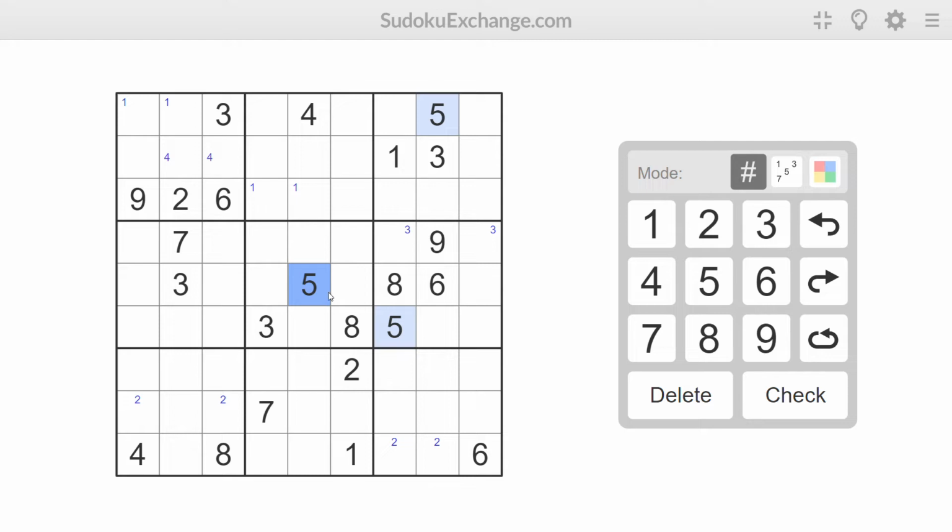Five. This row cannot have a 5 because there's already a 5 here. These two cannot have a 5 because there's a 5 here. So let's put in 5s in these two.